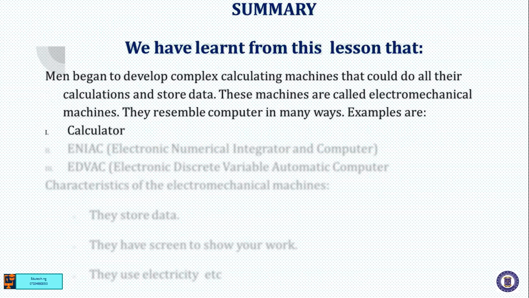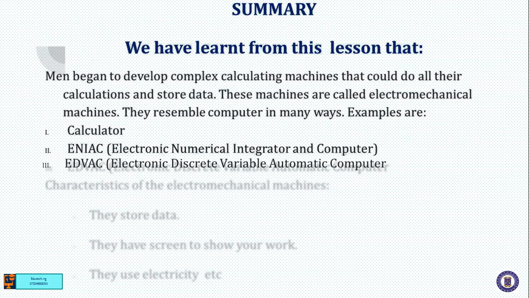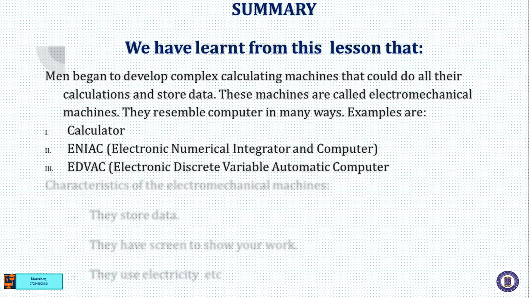And we mentioned some of the examples of these electromechanical machines as the calculator, the ENIAC, that is electronic numerical integrator and computer, then the EDVAC, that is electronic discrete variable automatic computer.